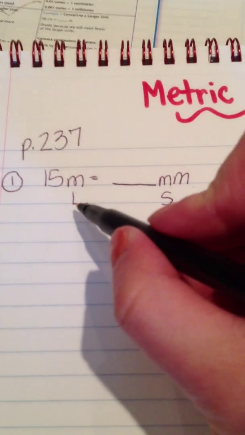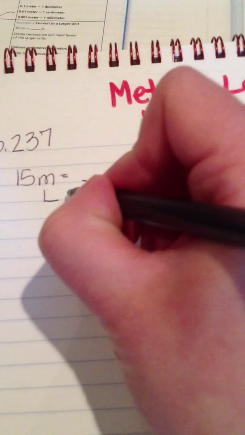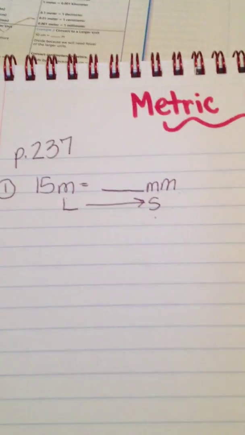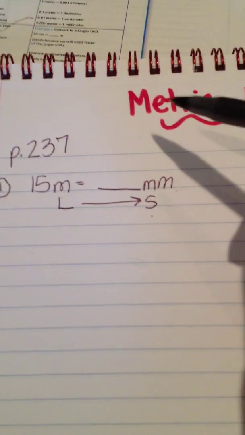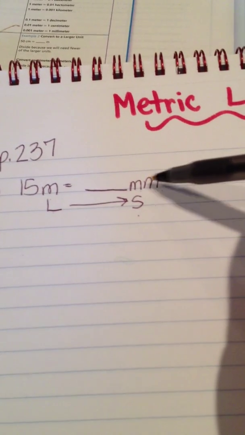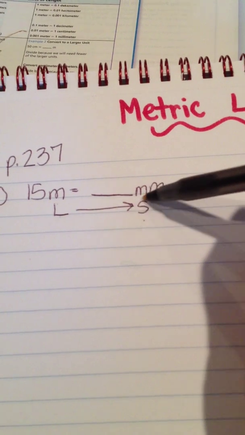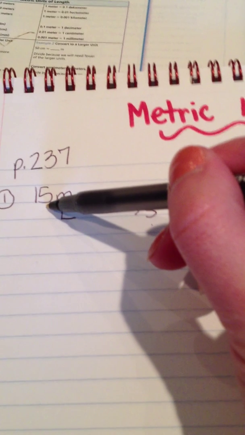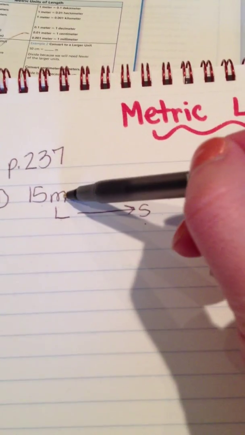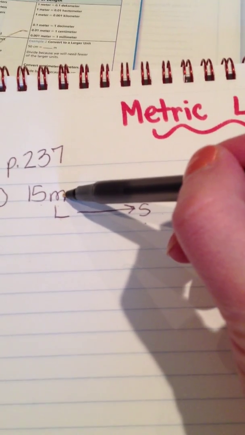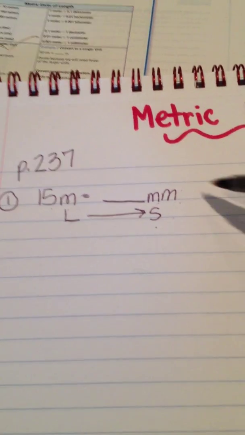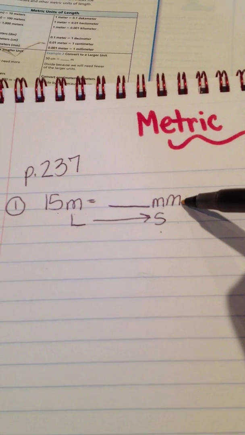So I'm putting an L for larger and an S for smaller. So that means that my units are going from larger to smaller. However, that means that I'm going to have more of the small unit to fit inside of a larger unit, because 15 meters is going to be less than the same amount of distance for millimeters.